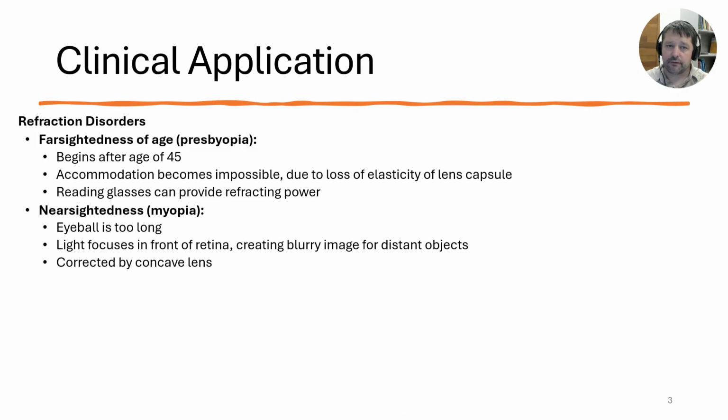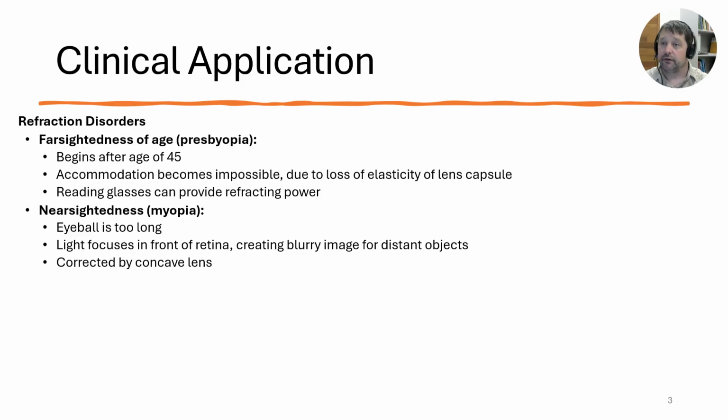Nearsightedness, or myopia, is when the eyeball is actually a little bit too long. And so the light focuses, it comes in and creates a blurry image. One way to correct this is to use a corrective concave lens.